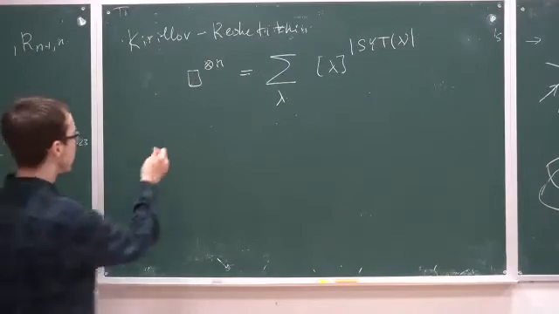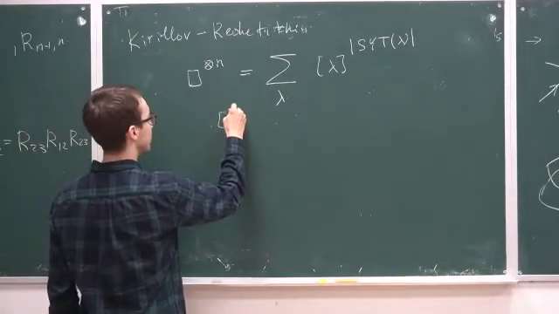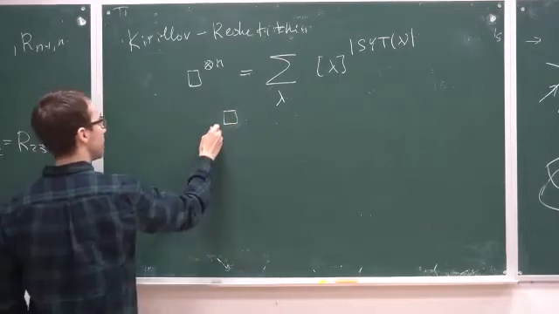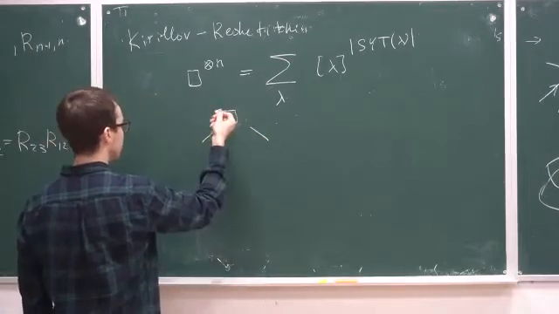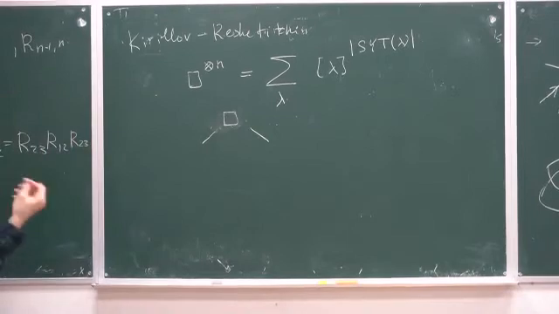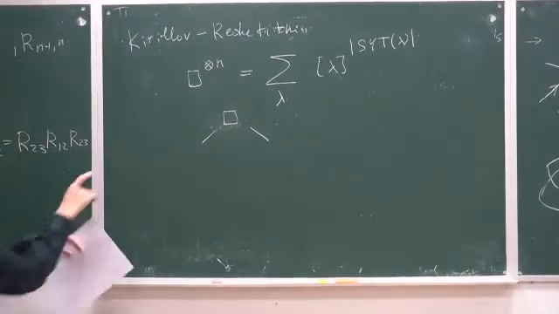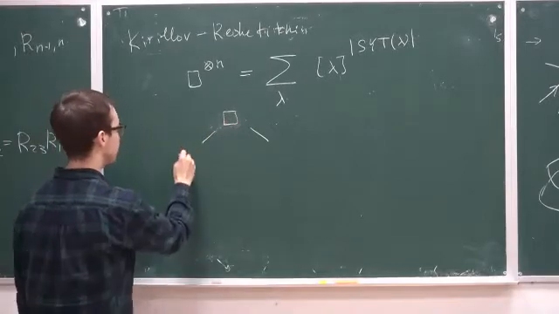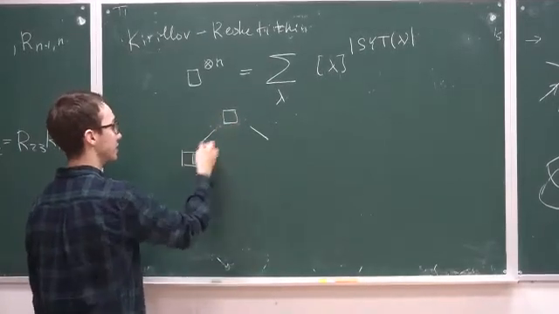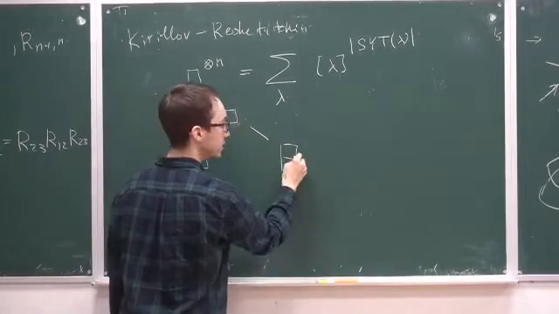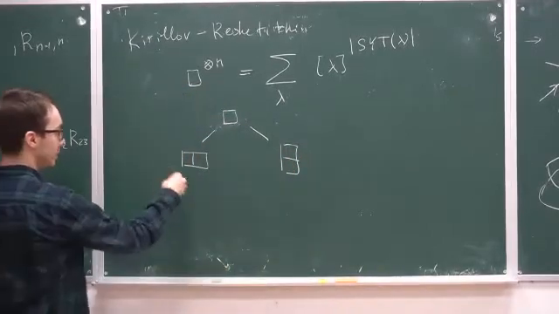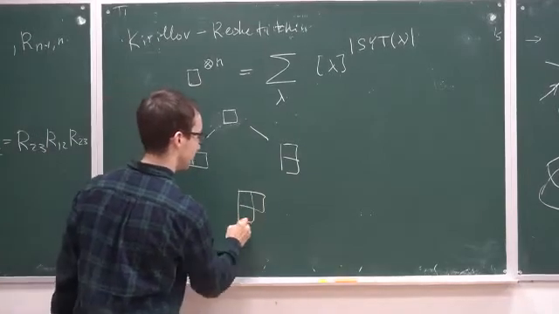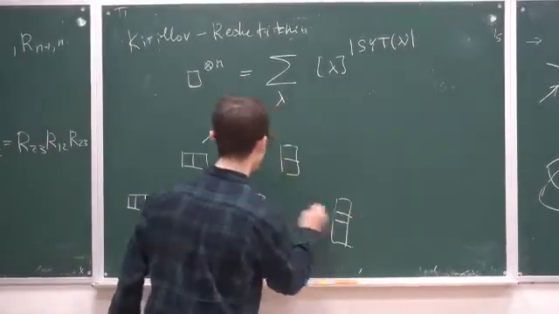So we can construct a graph starting with just a box. Then the graph is built by adding the representations that are obtained by multiplication by this fundamental representation. So if we multiply this by fundamental, we get these two representations. If we multiply again, we get this, and this.